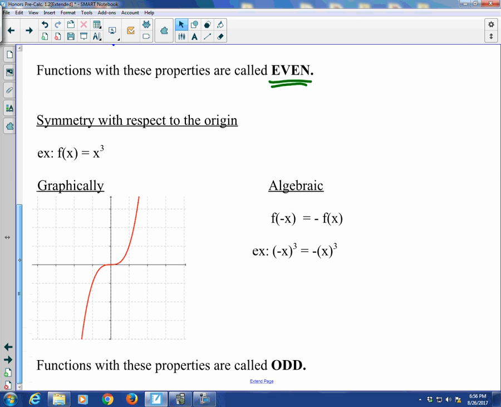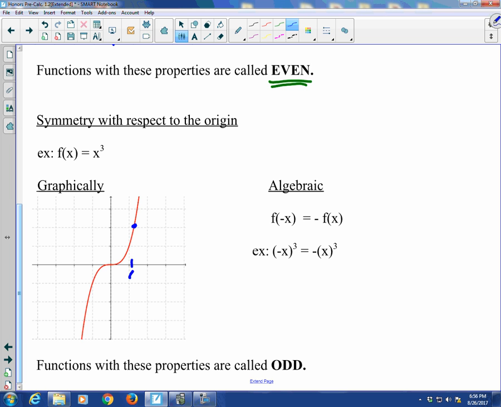The second kind of symmetry we're going to look at is symmetry with respect to the origin. Basically we're talking about functions that have ordered pairs reflected across the origin, diagonally, into the diagonal quadrant.